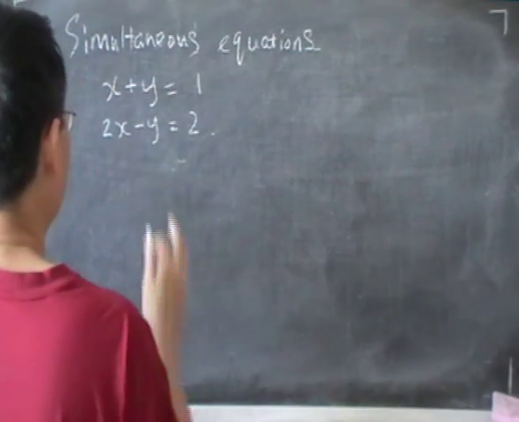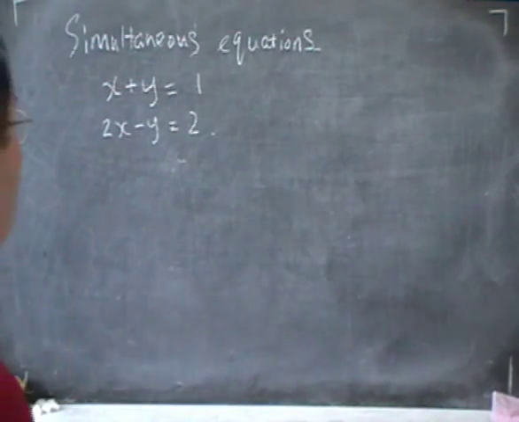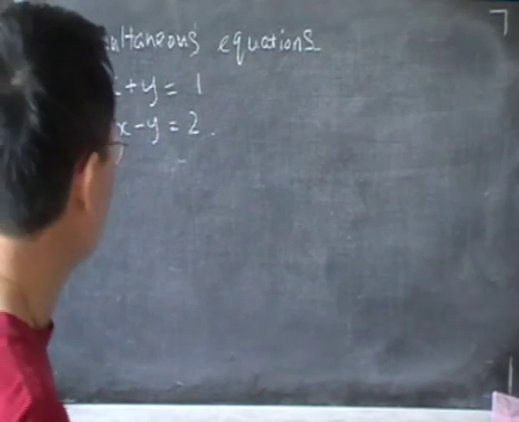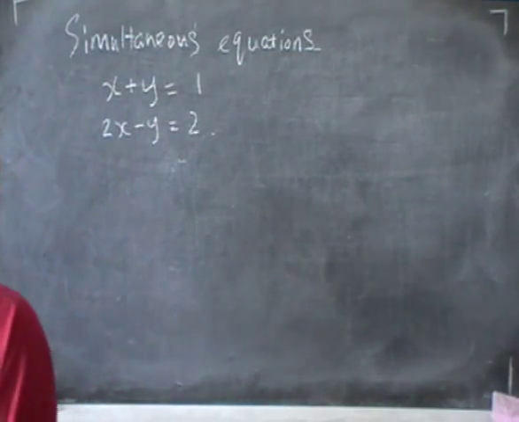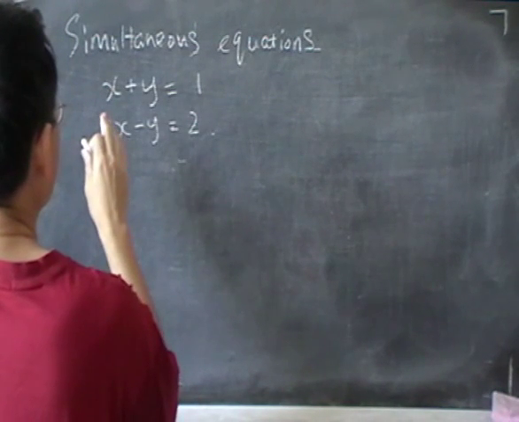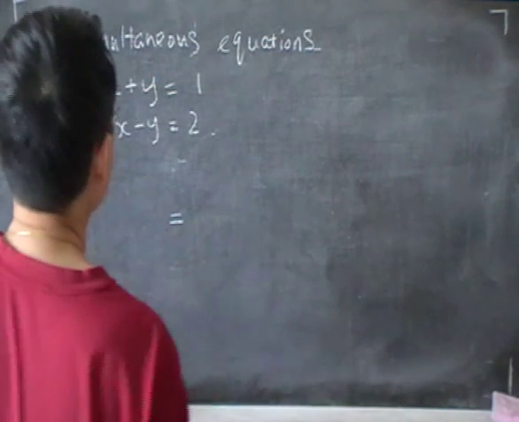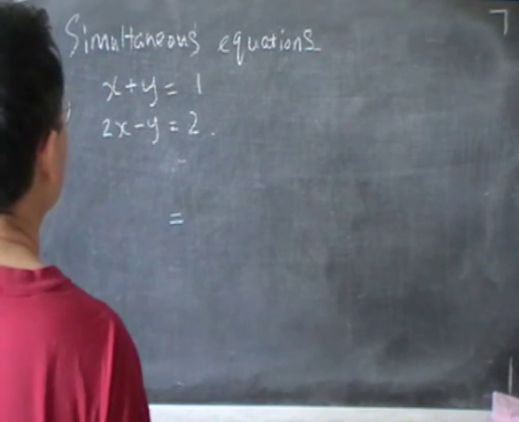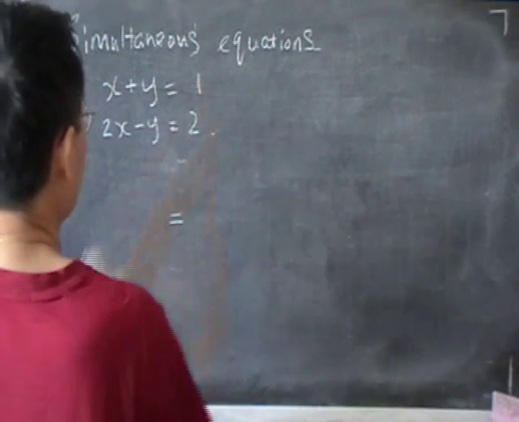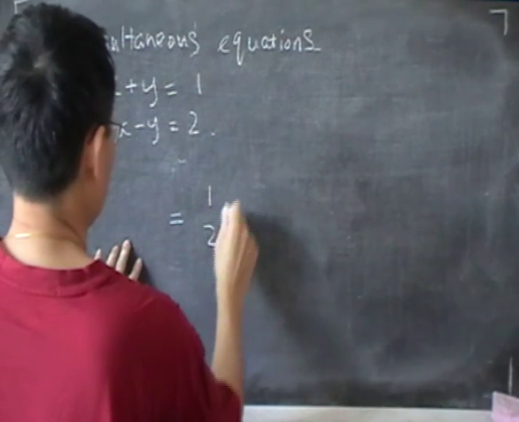Okay, the way is to first rewrite these two equations using matrices. How can we do that? The 1 and 2 is fairly straightforward. I would just write it as a matrix like that.